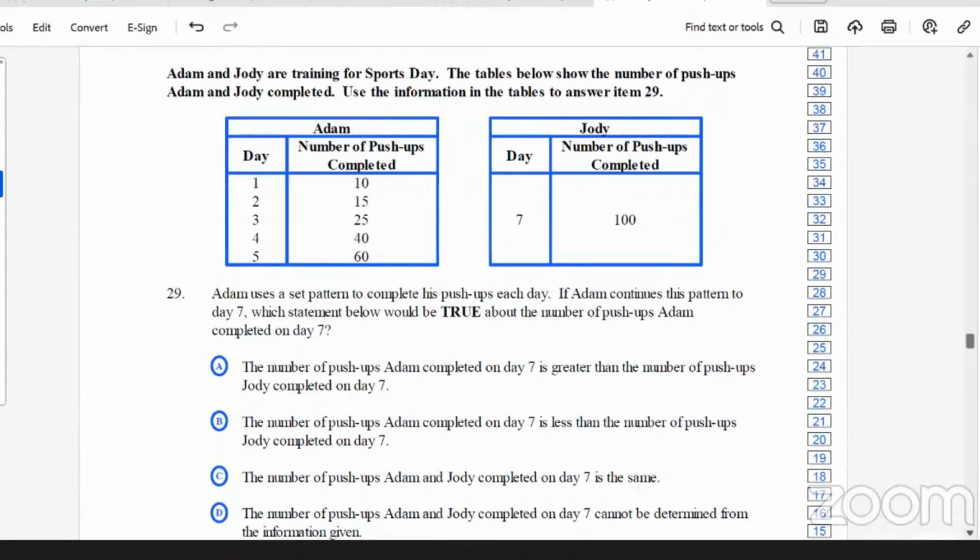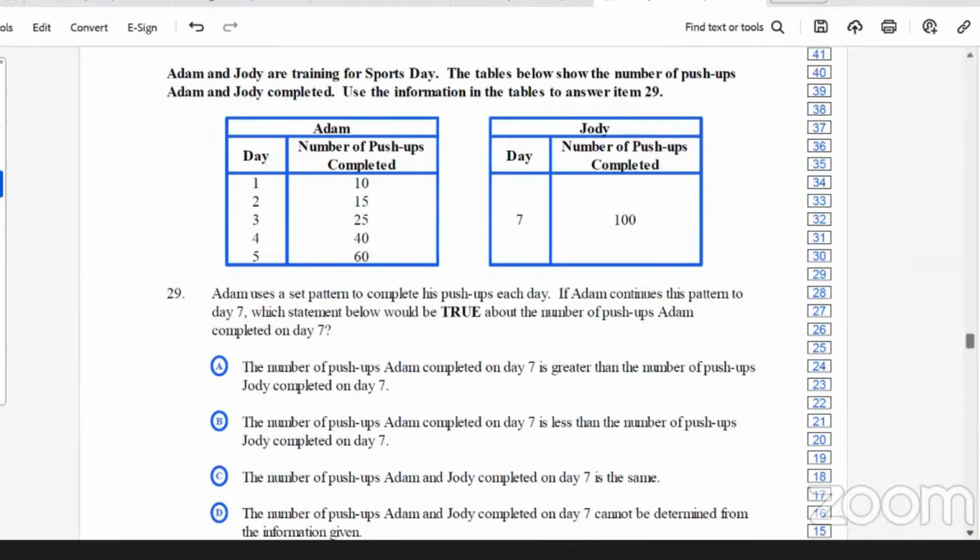So for Adam, we have days 1 to 5 and the number of push-ups he completed. On day 1, it was 10, day 2, 15, day 3, 25, day 4, 40, day 5, 60. For Jody, they only showed us how much he completed on day 7, which was 100. So it says Adam used a set pattern to complete his push-ups each day.